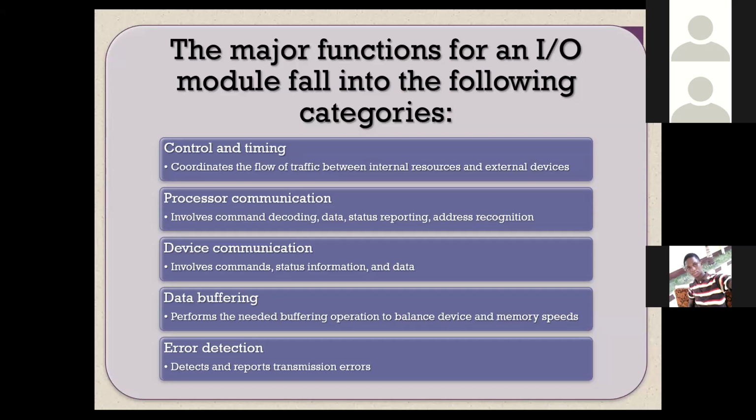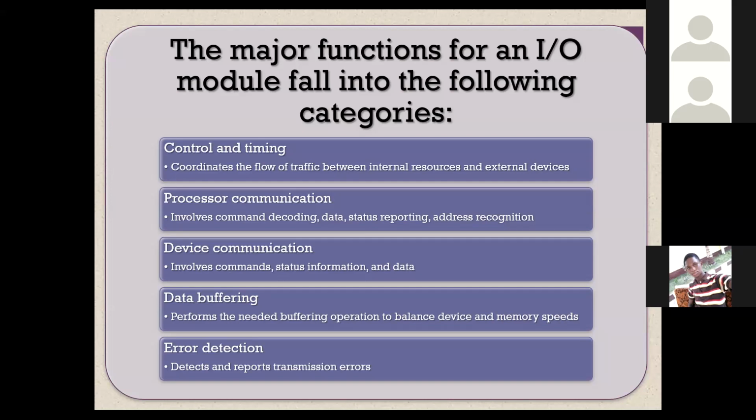And then the data. The data are exchanged between the processor and the IO module over the data bus. And then status reporting. Because the peripherals are generally so slow, it is important to know the status of the IO module.